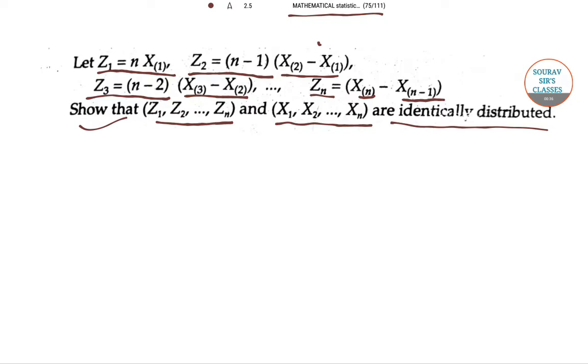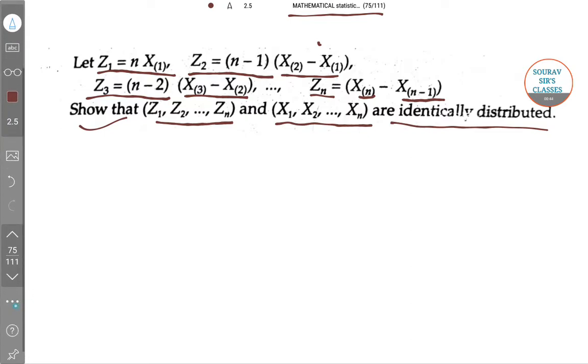For this, first we have to write down the joint PDF of x1, x2, ..., xn. So I'll take another page.